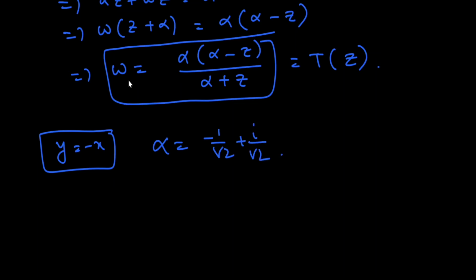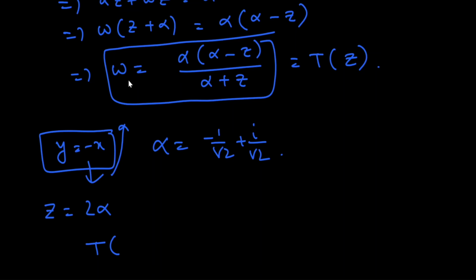Now if we take a point Z equal to, suppose, 2 alpha, then this satisfies this condition also, with the slope -1 also. Therefore we put it in this transformation and find the image of T of 2 alpha.